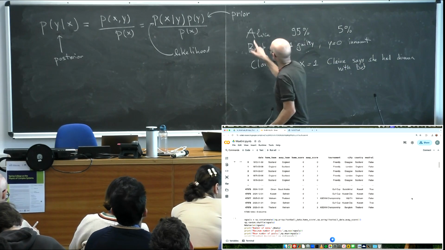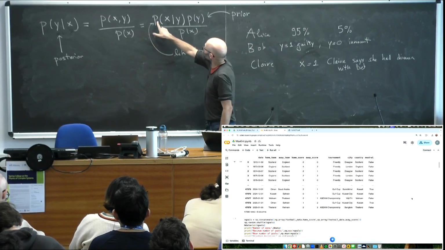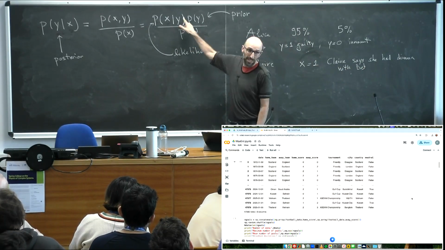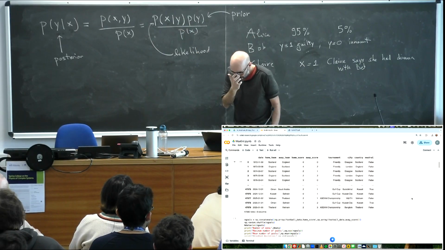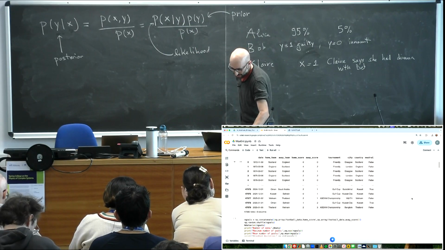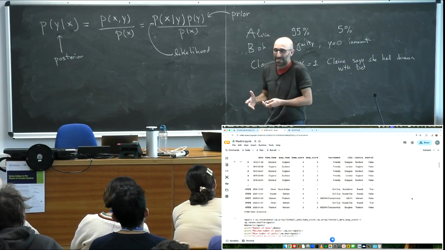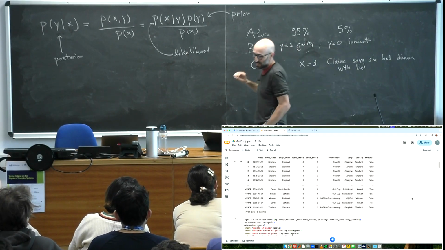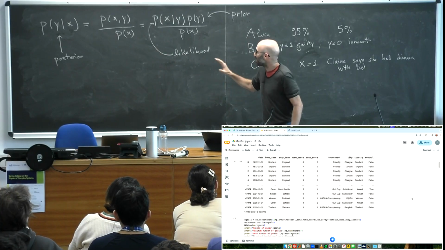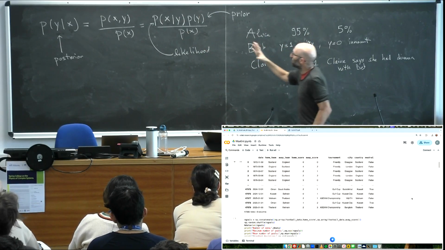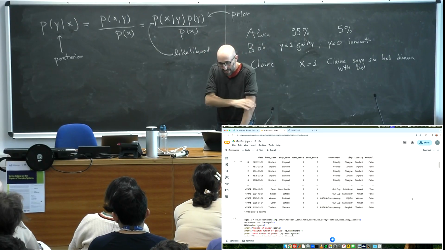So what Alice needs to do is to make a model for P of this event given y. There are two possibilities. Now, again, this is in the hands of Alice. She has to make a model. I want to stress that these things are not given to you by some external principle. You have to make a model for them.